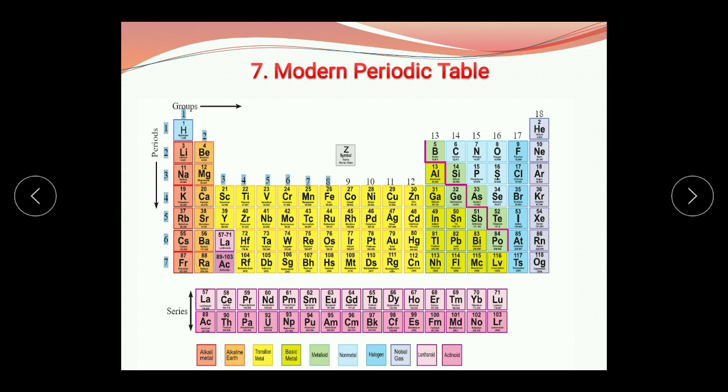Now, as we learned, atomic number, or Z, is the number of protons, or we can say the number of electrons, as that is the more fundamental property.